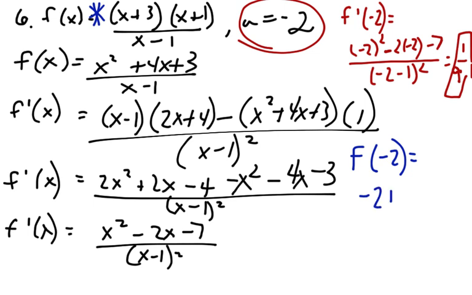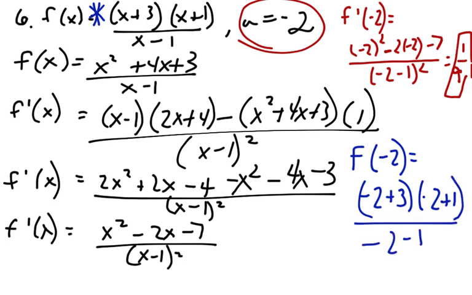So -2 plus 3 times -2 plus 1, all divided by -2 minus 1, will give me a -1 over -3, so that's just going to be 1/3. So that's what the y value for my point is. So I have a slope of 1/9 and a point, a coordinate pair, of -2, 1/3.